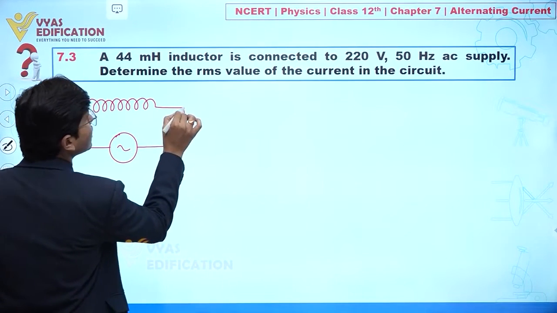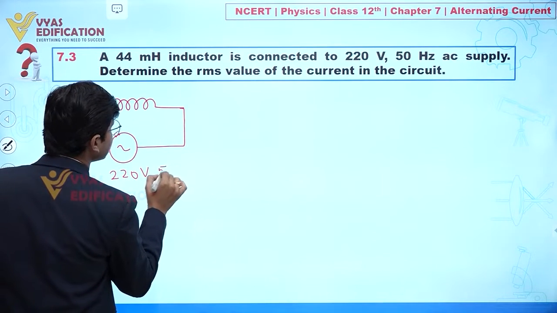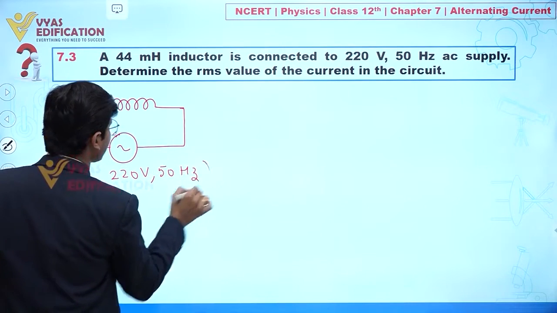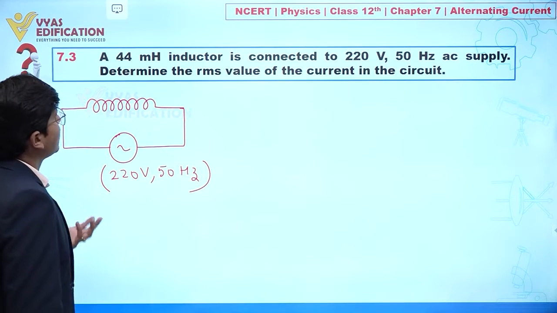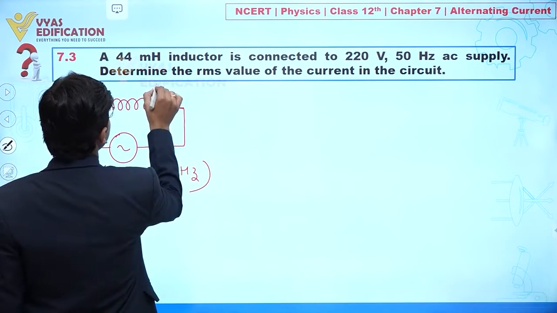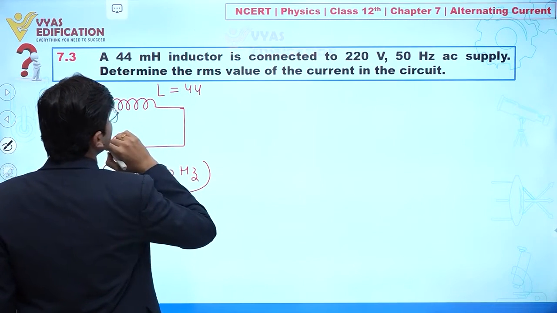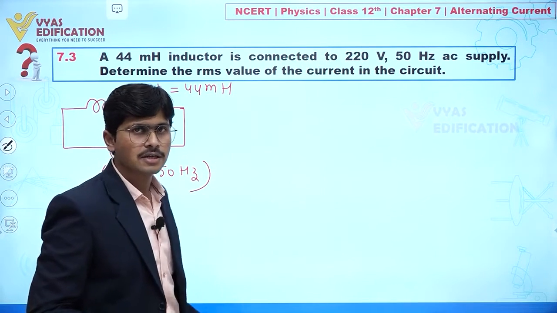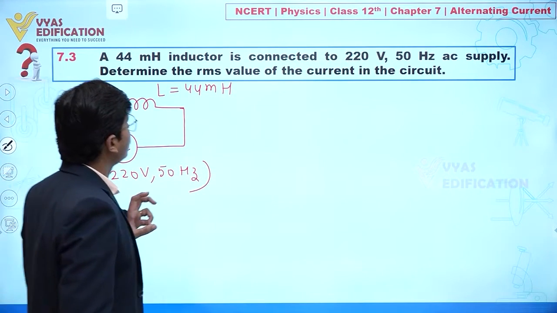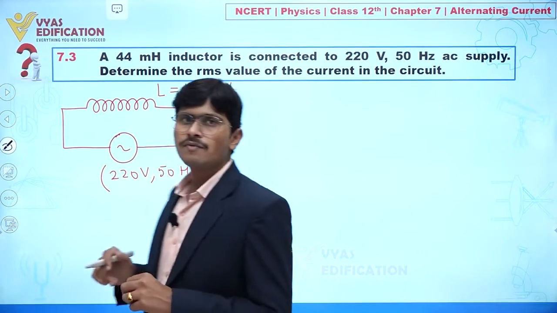This is the AC supply, clear, and it is given this is 220 volt and 50 hertz, clear. And one more thing is given, that is capital L, and this value is 44 millihenry, clear. This is the value of inductance, clear. So now our objective in this question is to calculate the RMS value of current, clear.